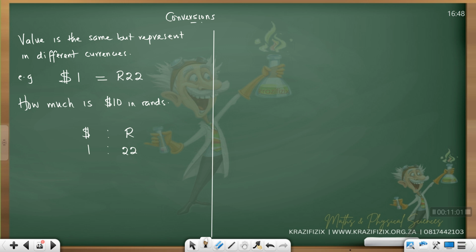Now look at what's going to happen. I am now given $10. I'm looking for the rands, so I can just put X there. Once I do it like this, it becomes very, very easy. All you do is cross multiply. X times 1 is X. 22 times 10 is 220, and it falls under rands. And we're done. Let me know if that makes sense to you.